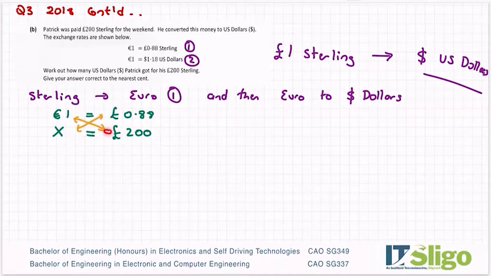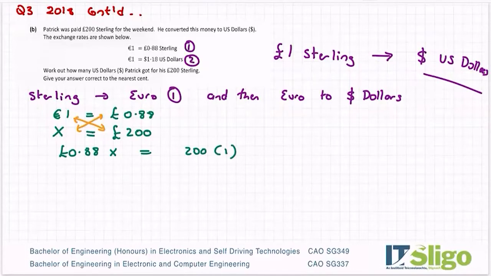So I have 0.88x is equal to 200 by 1. It's probably the easiest way of doing it.